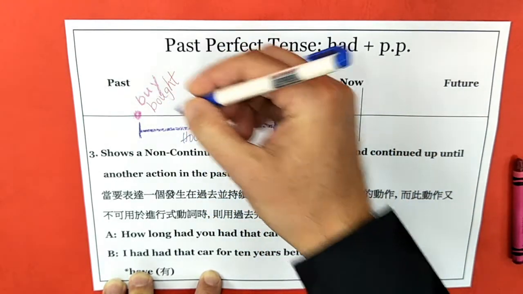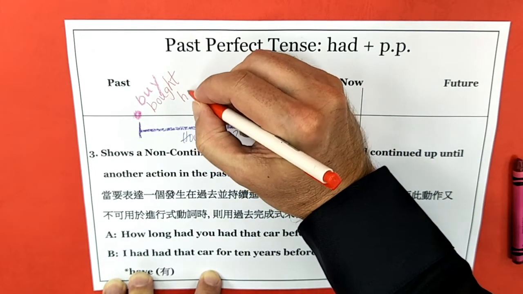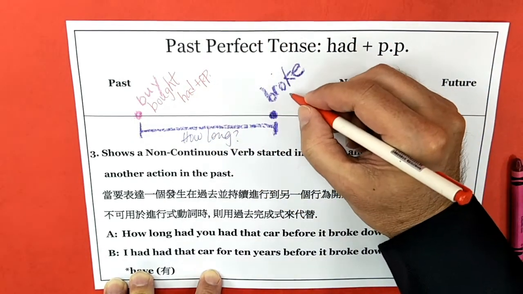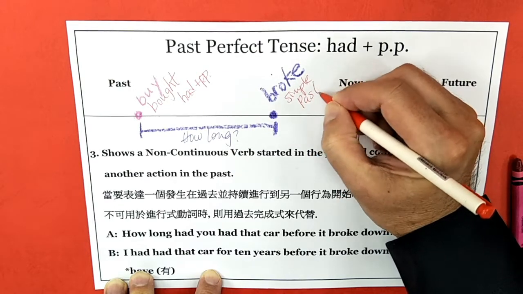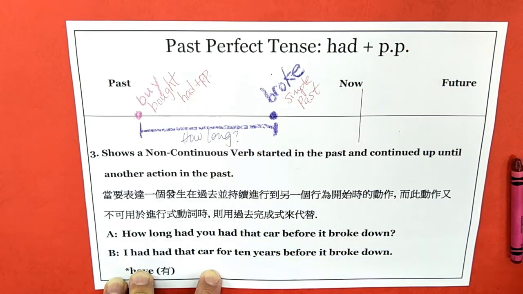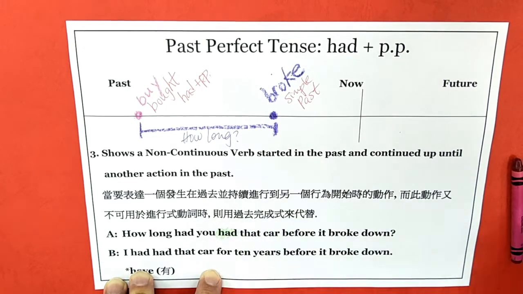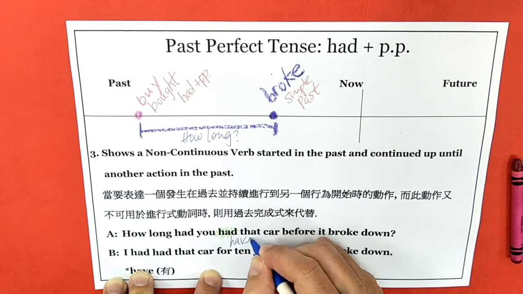Okay? Now, this verb is going to be had plus PP. And this verb is going to be simple past. The verb we have is have. Have does not have a progressive.